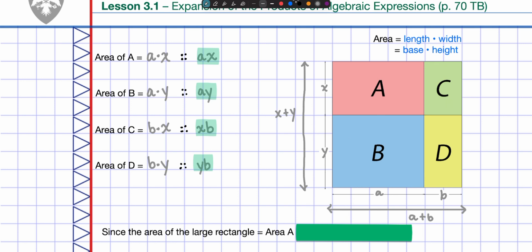Now, check this out. Since the area of the large rectangle is made up of the area of A plus what else?